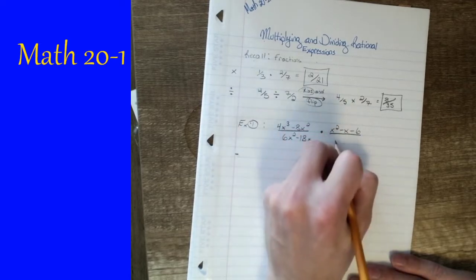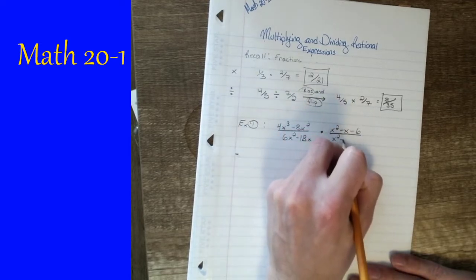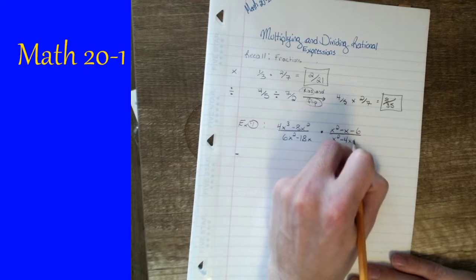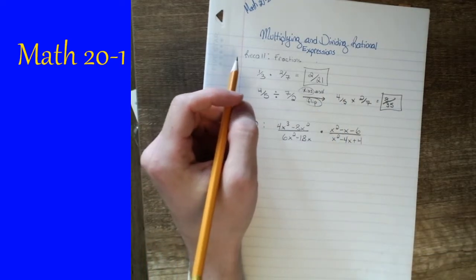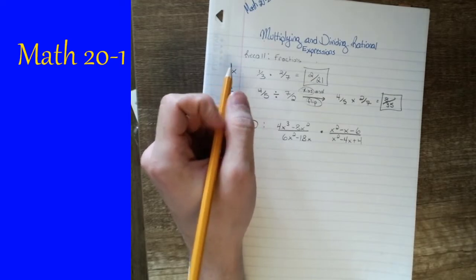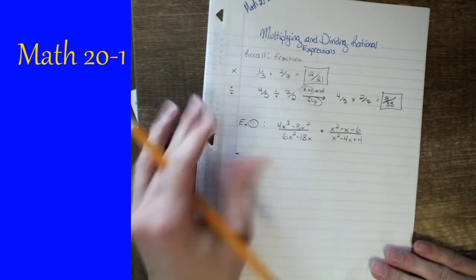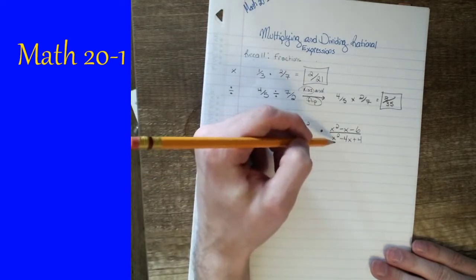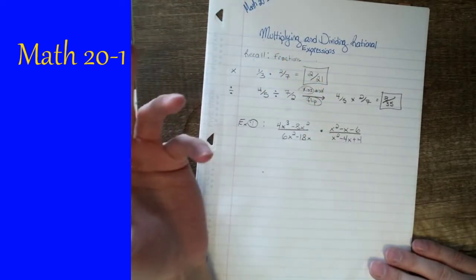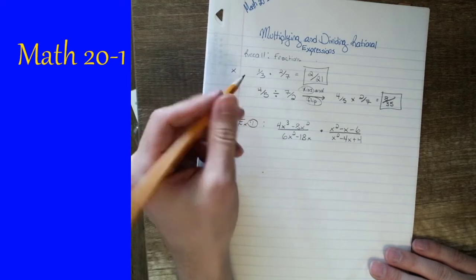So this gets pretty ugly pretty quickly. However, the first step is to very simply factor everything that you can. So systematically go through the top and the bottom of each rational expression and factor those polynomials.